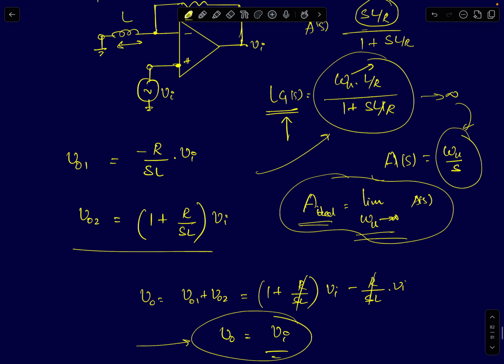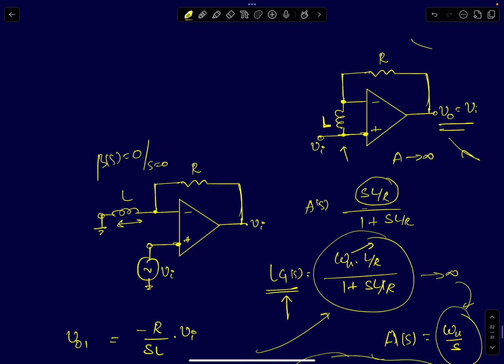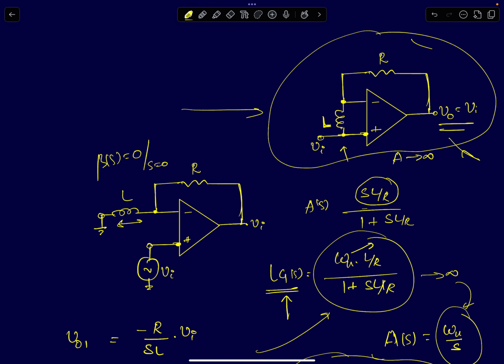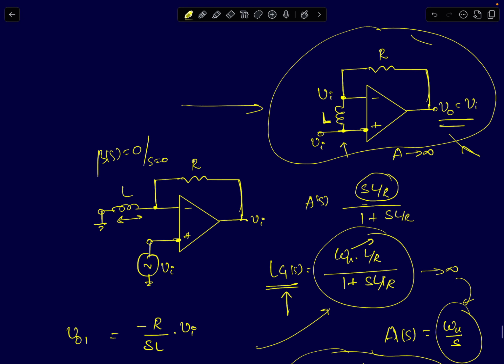That's what we showed here. You add the two voltages, V0 becomes equal to Vi. So in this circuit here, V0 will become equal to Vi. This node voltage will be at Vi because the inductor will short it, or you can see it that way. This node will be at Vi and there will be no current flowing through the resistor.